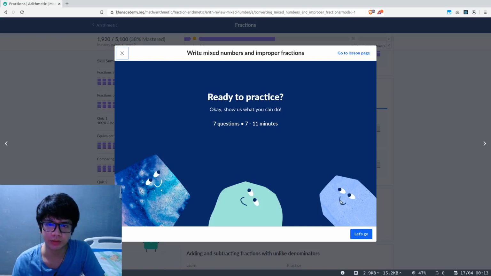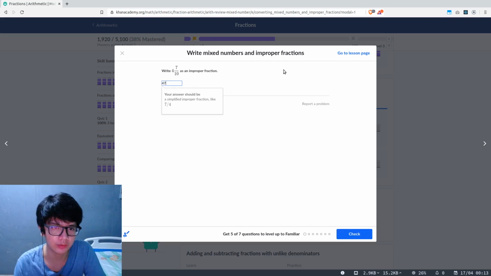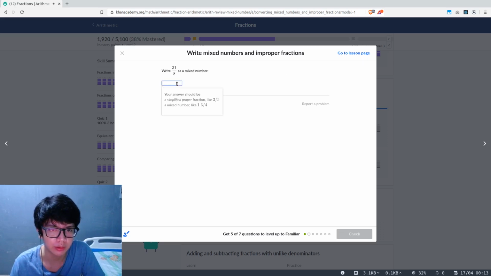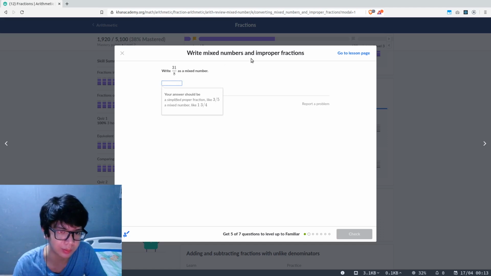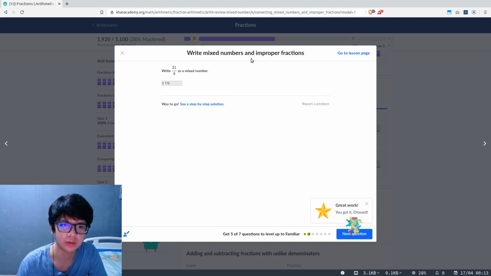Right, mixed numbers and improper fractions. Okay, so it's 47 over 10, right? Where's a mixed number? It's going to go 4 times. Oh no, 3 times only. 7, 8.